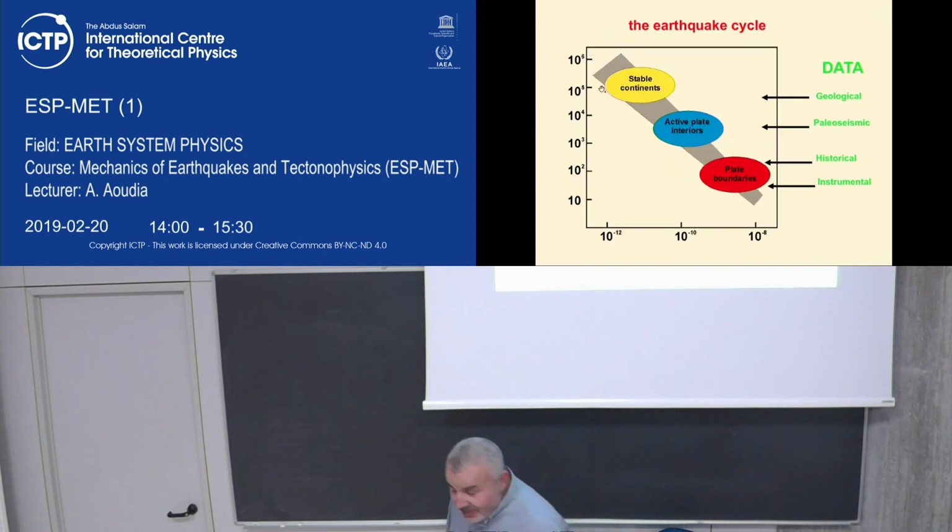So the way we constrain that earthquake cycle model is that if you would like to work at those time scales, you need different sorts of data sets within the system. You will see that seismology, what you've learned in your theoretical seismology course, is one very small snapshot of the whole picture.